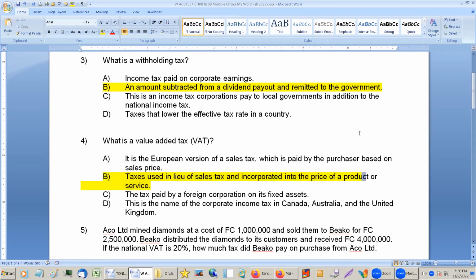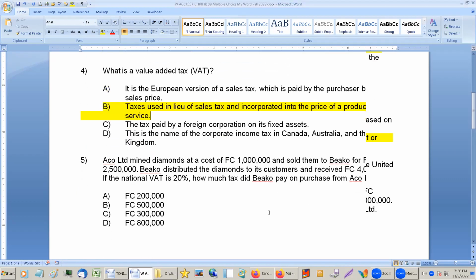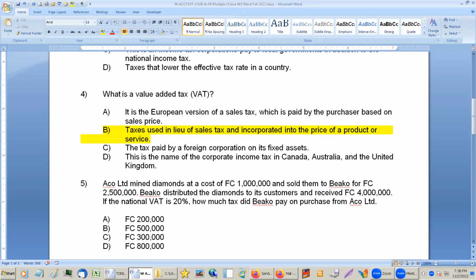Good. Okay, so Vico got 4 million, paid 2.5 million for it. $300,000. Yep. Okay, good.